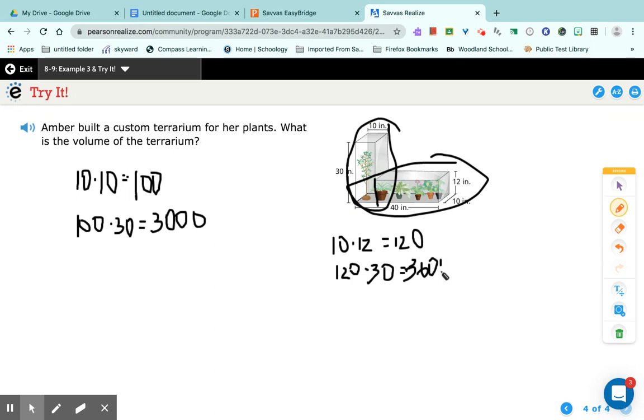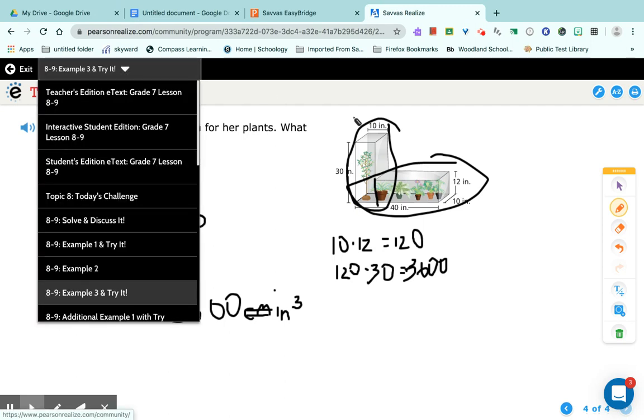So we add those together and we get 6,600 cubic centimeters. Oh, no, sorry. Wait, inches. Cubic inches. Okay. So that's how you do number 3. Go on to the next one.